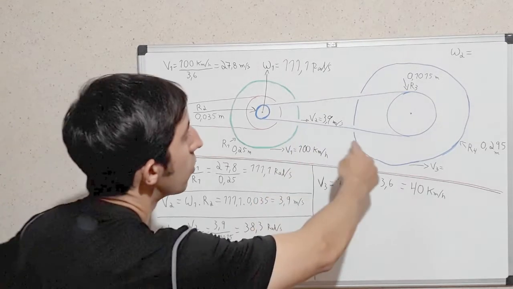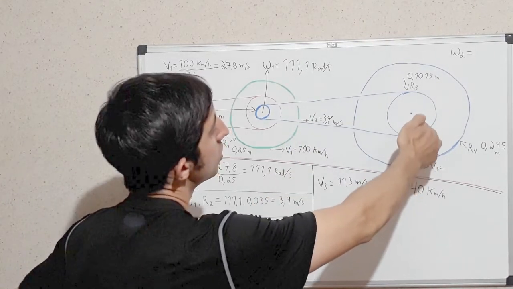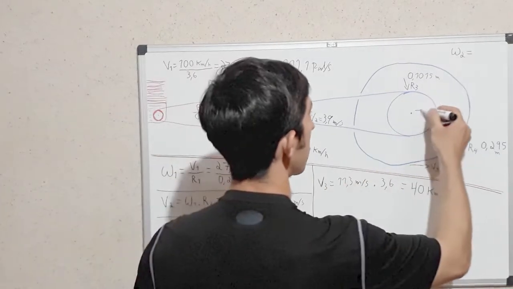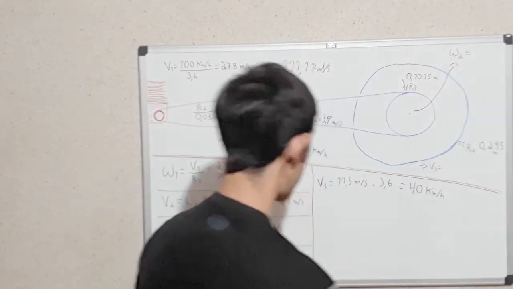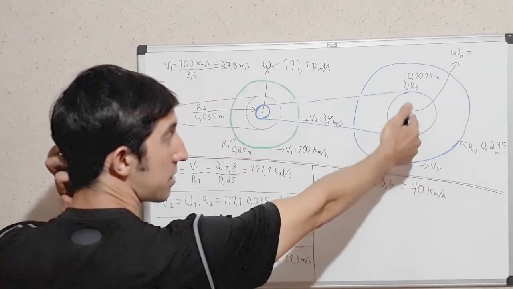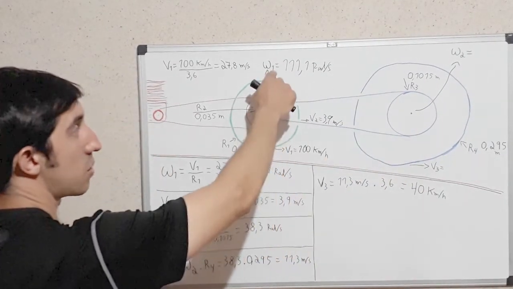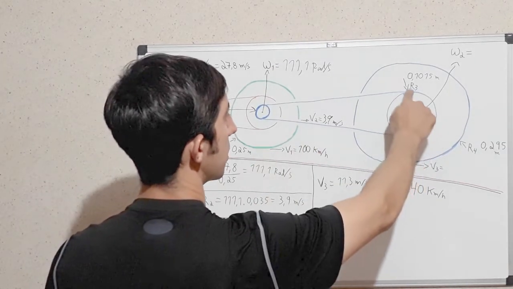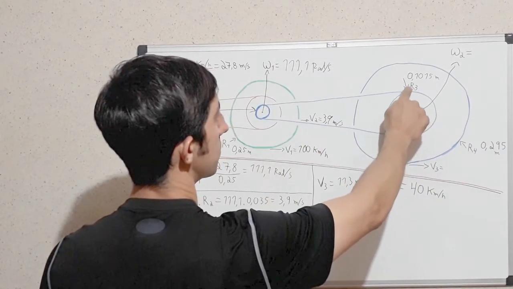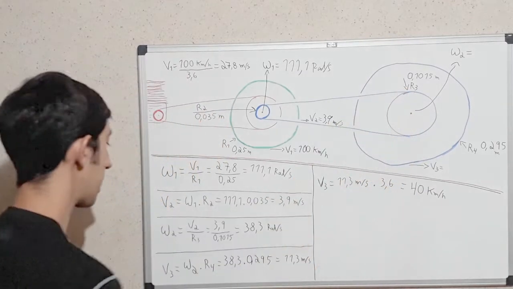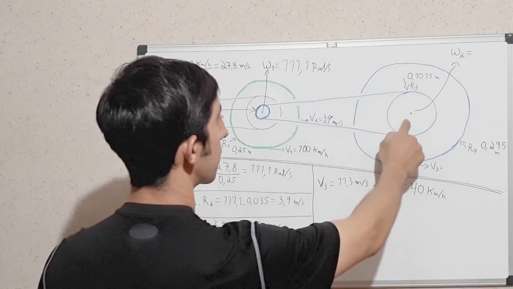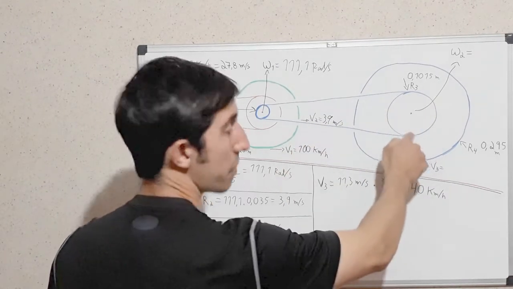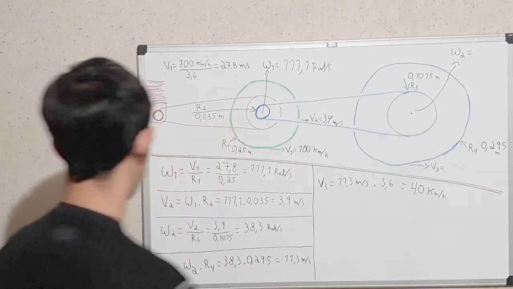Then we go to discover this omega 2 here. The omega 2 is the same process as discovering omega 1. We already have the radius of this bigger sprocket, and we have the speed that's traveling at the perimeter of that sprocket.